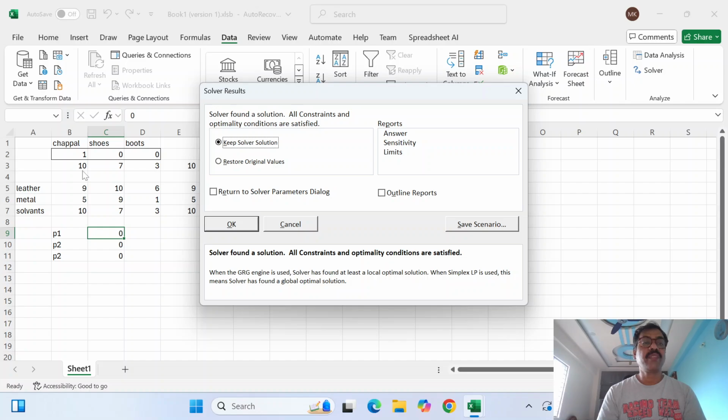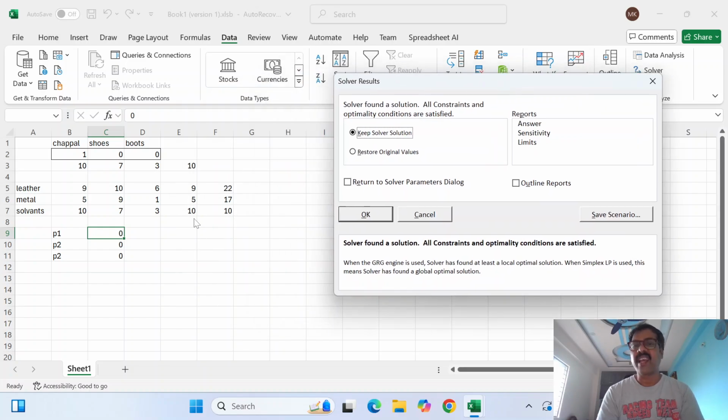By merely producing 10 units of chappals for these constraints, the availability of the resources in hand, we can attain a maximum profit of 10, maybe 10 stands for 10,000 rupees or whatever it is. One unit of price may be 100 rupees, something like that. So 100 multiplied by 10 is going to be 10,000 rupees.